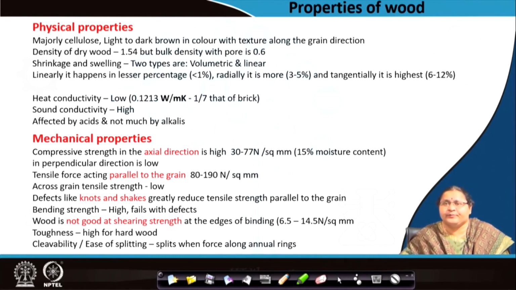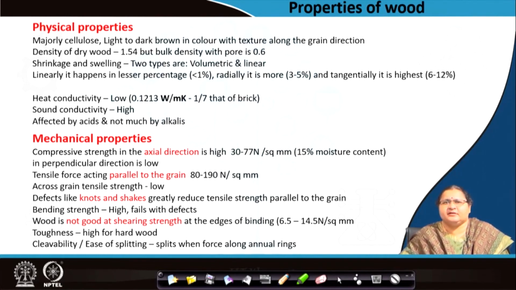If you preserve it by coating it, hiding the texture, you may lose its value. Density of wood: it always floats in water, and that is actually the bulk density. With the pores, it is around 0.6.